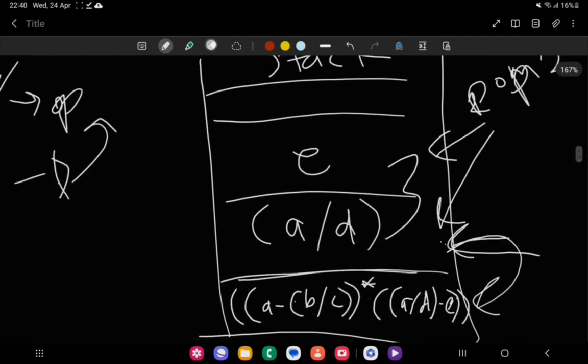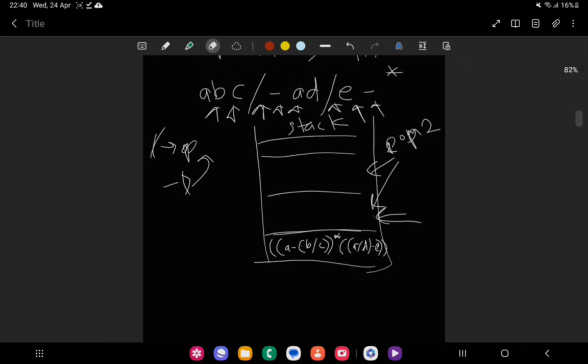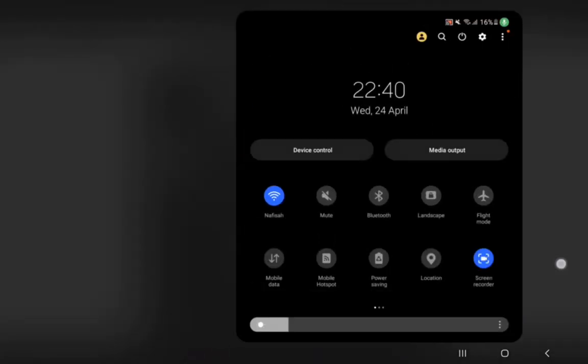So all the upper stack we don't have anymore. Okay, so that is the answer for the minus and multiply. So that's all from me. Thank you. Oh, sorry.